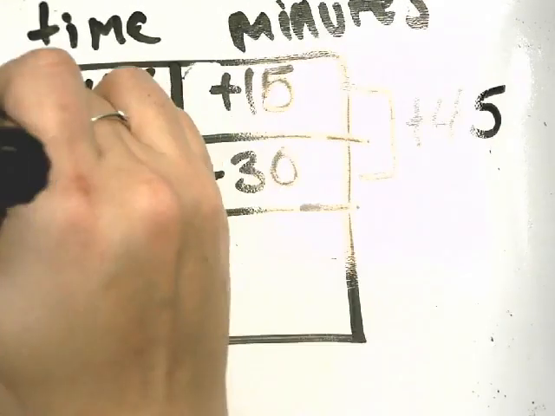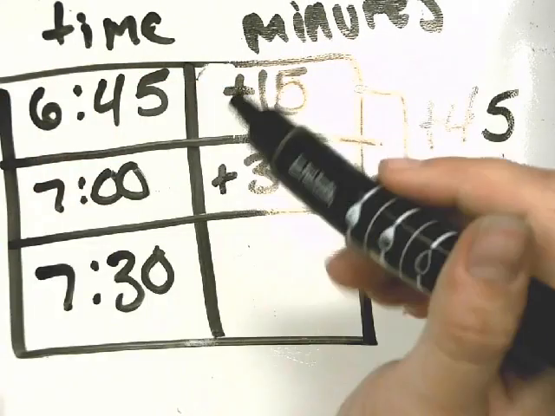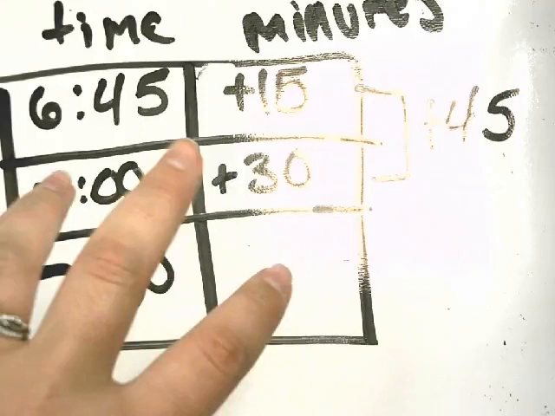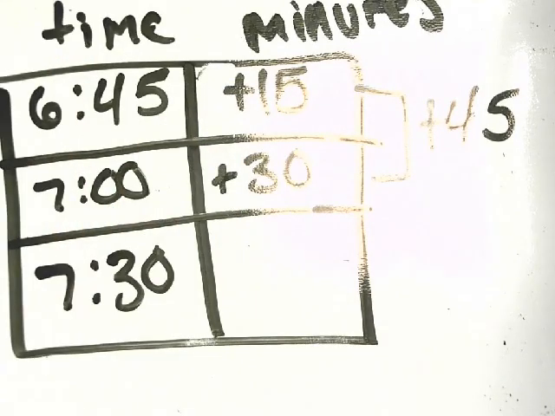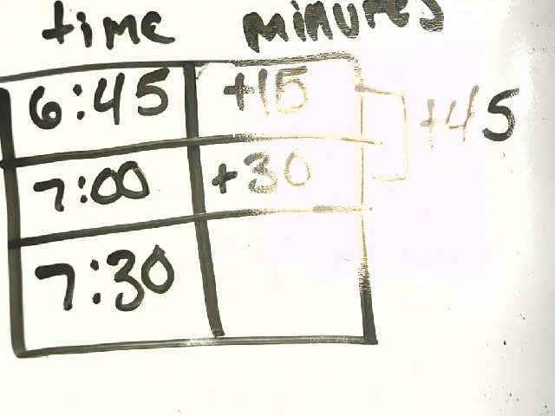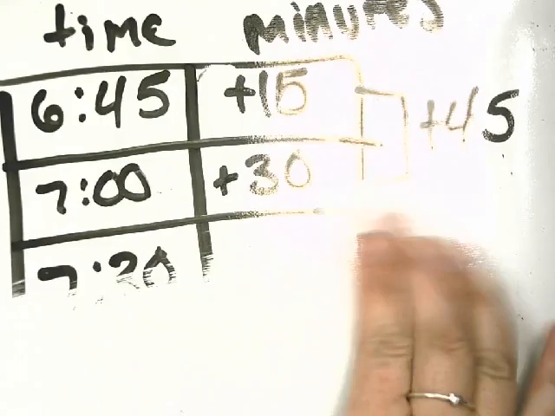And this 6:45 would represent my start time, and that 7:30 would represent my end time. So you might see this table already on the kids' homework, and that's just how to do it on that table for their homework. If they get confused with the table, then they can just take that same question, ignore the table, and they can just do the number line that I had showed previously.